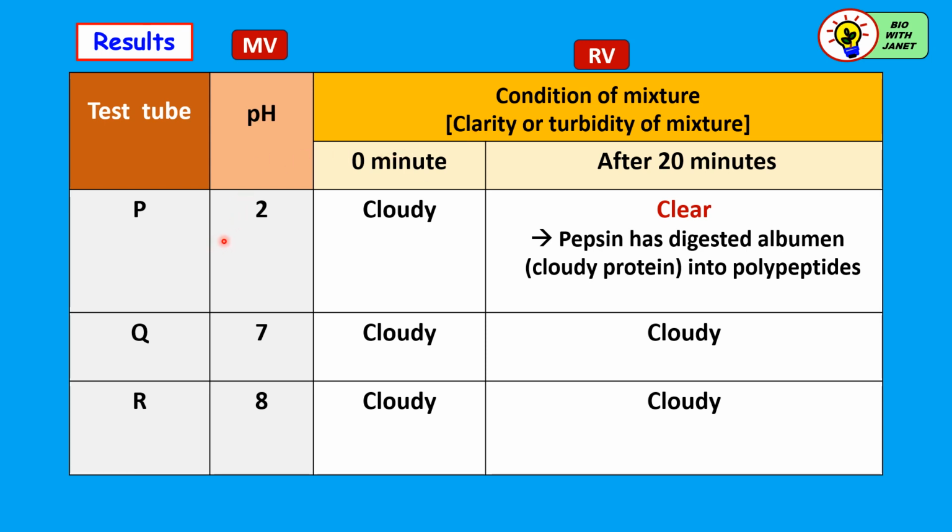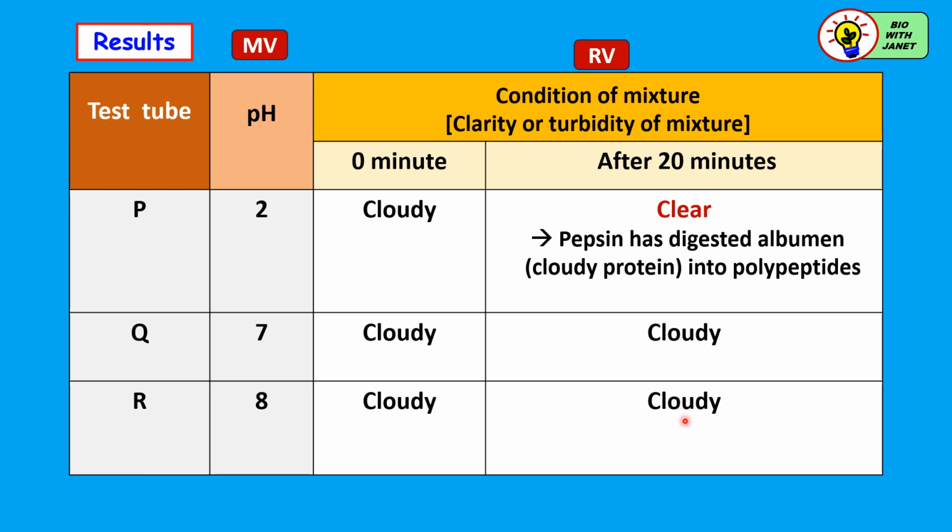So for test tube P at pH 2, the condition of the mixture at 0 minutes is cloudy, but after 20 minutes, it becomes clear because the pepsin has digested the cloudy albumin into polypeptides. The enzyme is active at pH 2, and it works most efficiently at pH 2. For Q, pH is about 7, neutral, so it remains cloudy even after 20 minutes.